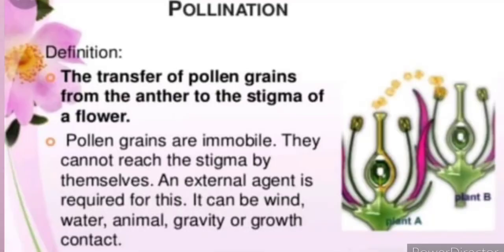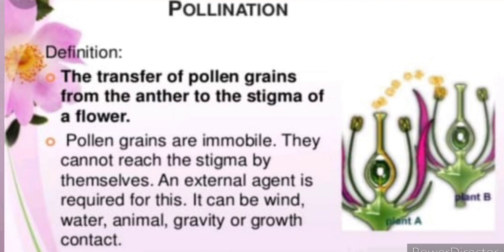Now that we have all these important parts of a flower, the next topic is pollination. The parts of the flower are clear. Both parts are present in one flower. Each flower will contain the male part and the female part.